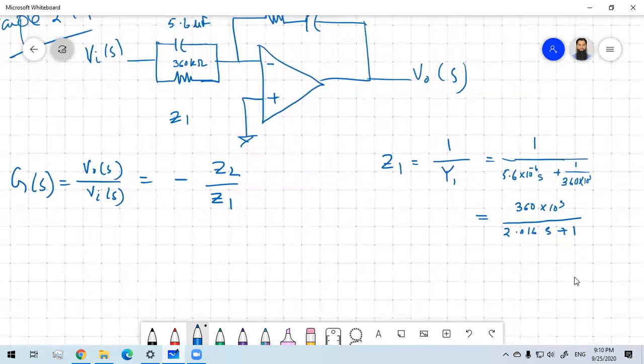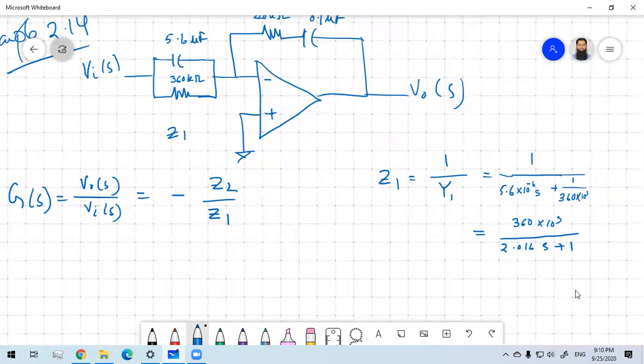Just putting the value and doing the calculation. Similarly, what will be our Z2? Z2 is straightforward because it is directly the impedances you can calculate.